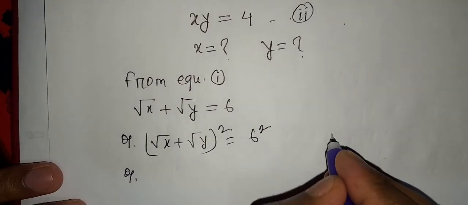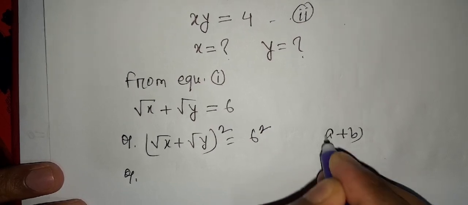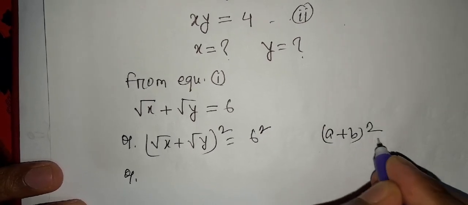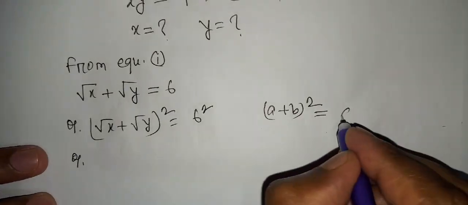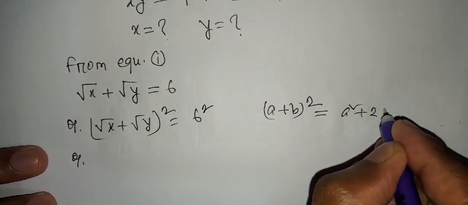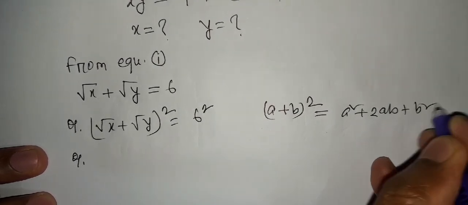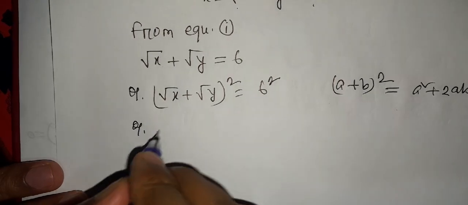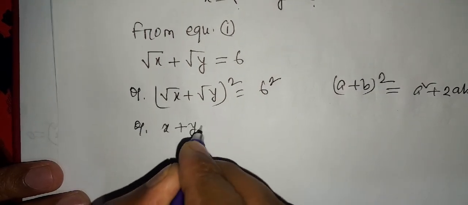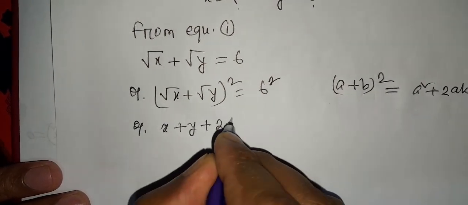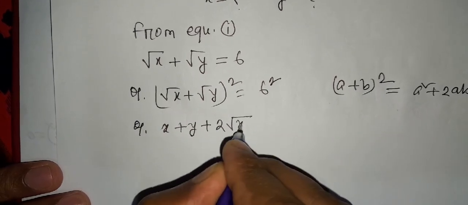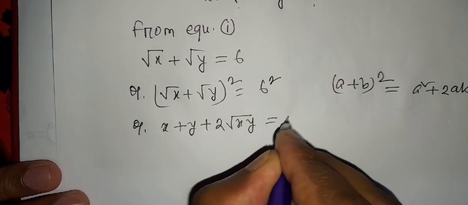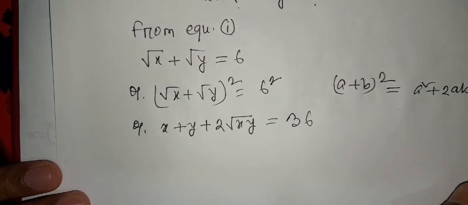We use the formula (a plus b) whole square equals a square plus 2ab plus b square. So we can write x plus y plus 2 root over xy equals 36.